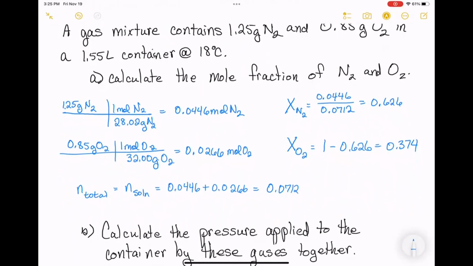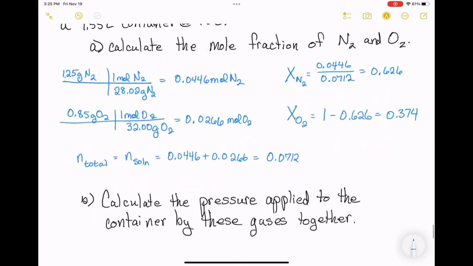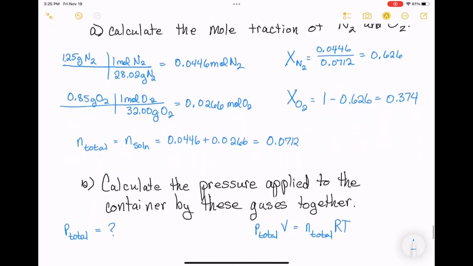Because we have more than one gas, we would use P total V is equal to n total RT. We were asked to calculate P total. We know our n total because we just calculated it a moment ago. That is 0.0712.